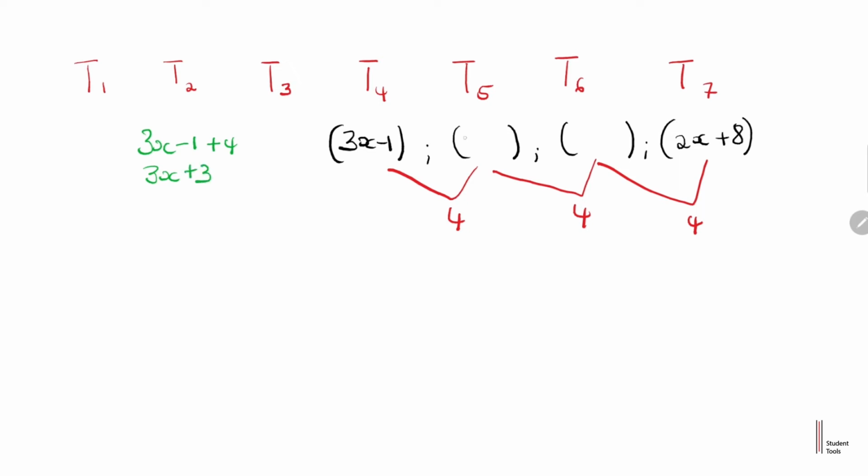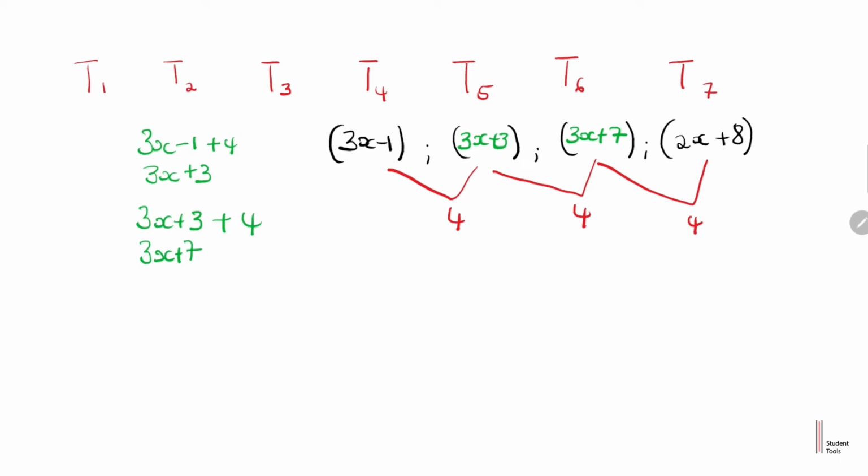So here we have 3x plus 3. And then again we still have a common difference of 4. 3x plus 3 plus the common difference, which is 4. So that is 3x, 3 plus 4, that is a positive 7. So here we will have 3x plus 7.